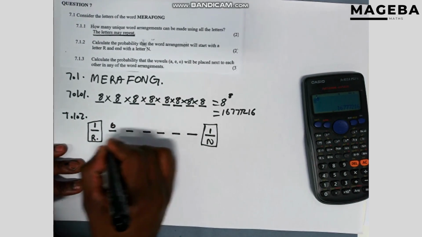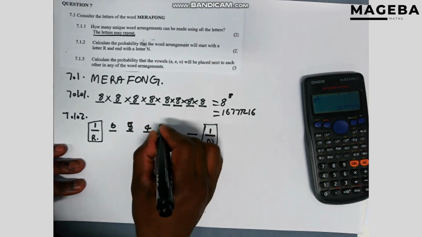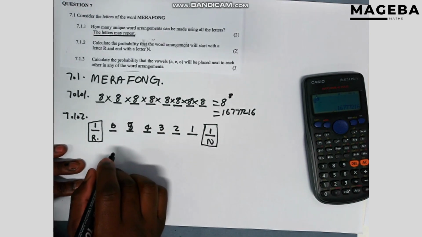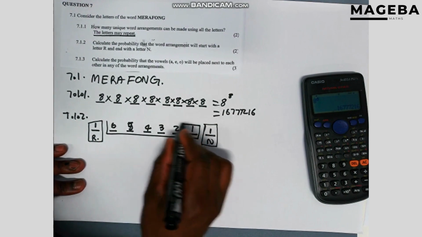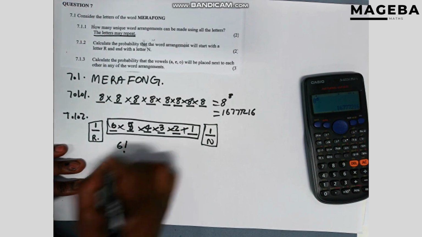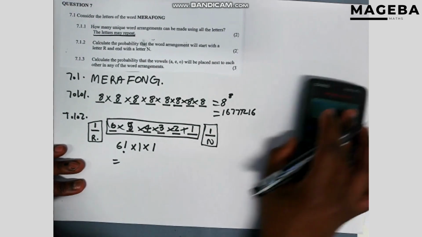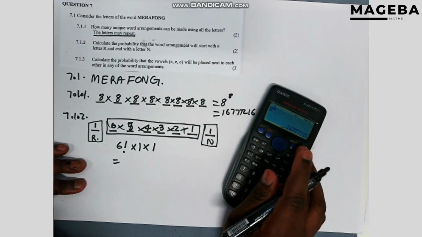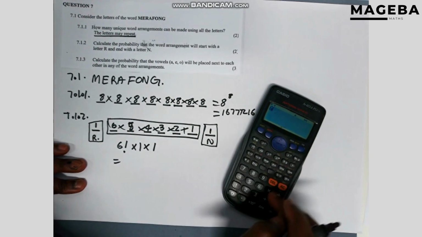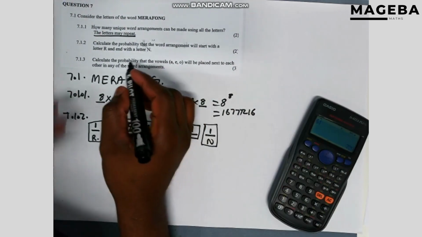So from 6 down to 1, that gives 6 factorial, which is 720.